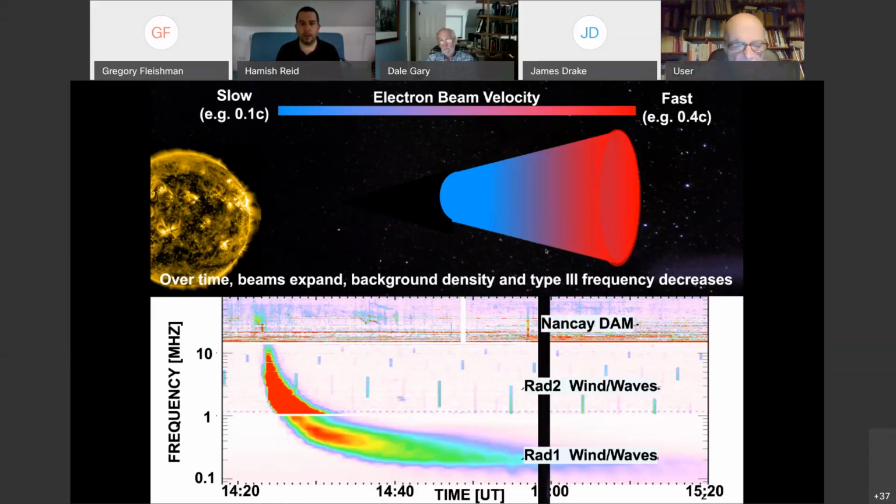Now, the amount of electrons has to be enough. The energy density of the electrons has to be high enough that you're able to produce Langmuir waves above the thermal level. And also the level of turbulence can't be too high. But in general, yes, you tend to produce type 3 radio emission.